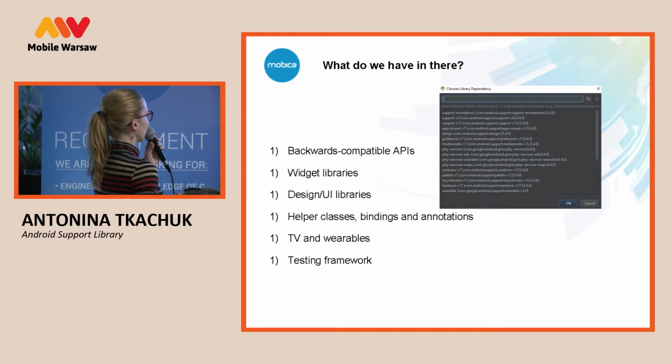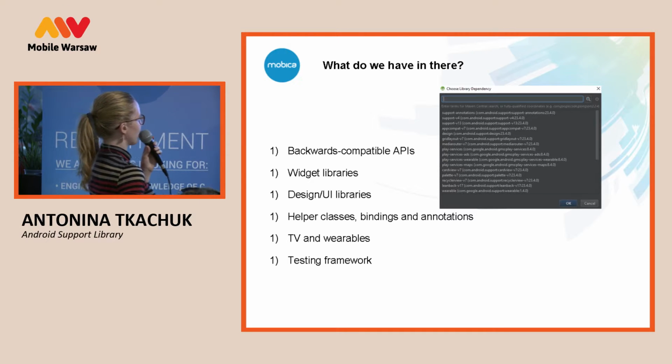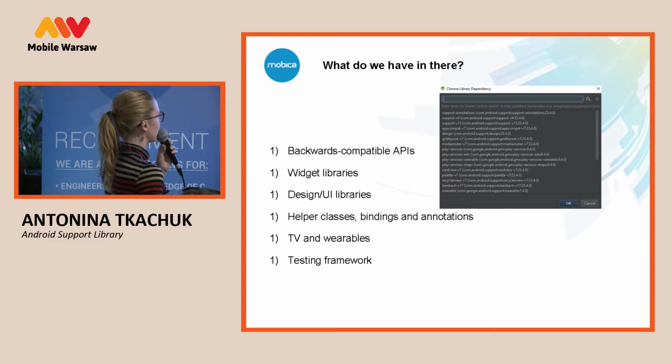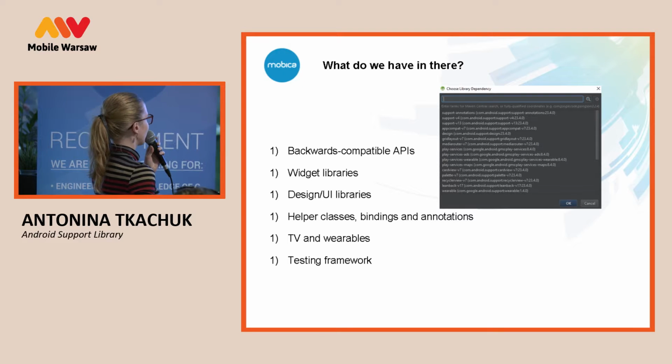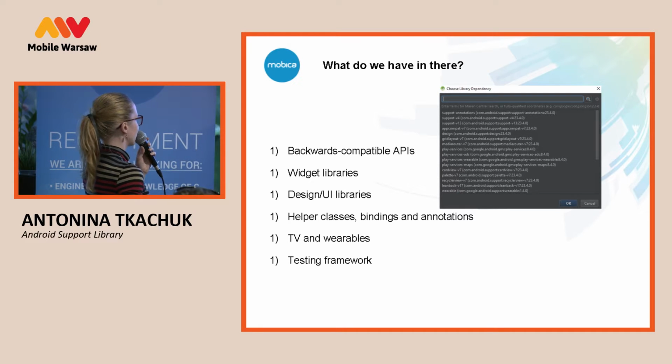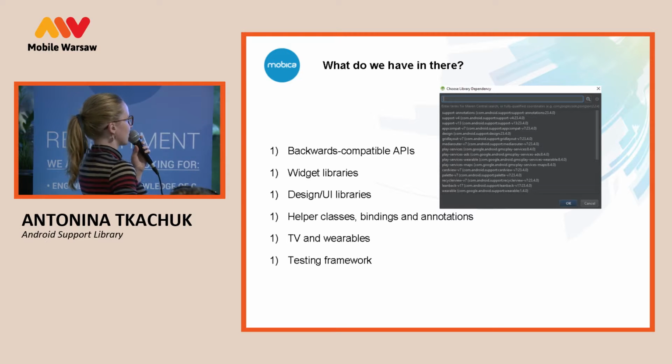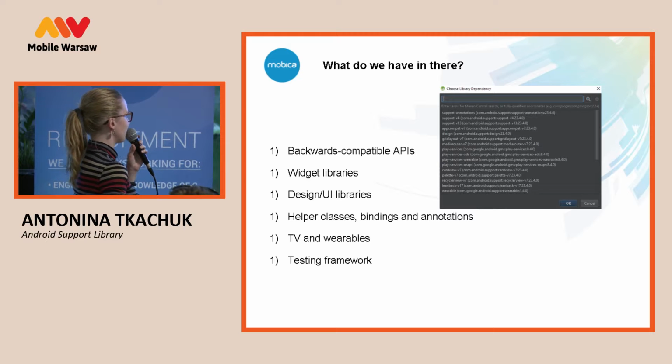So first of all, what does the support library actually contain? It contains backwards compatible APIs. It contains widget libraries like CardView, RecycleView, also design, material design, helper classes, I don't know, local broadcast receiver, things like that. Also bindings and annotations. They are considered to be a part of support library.